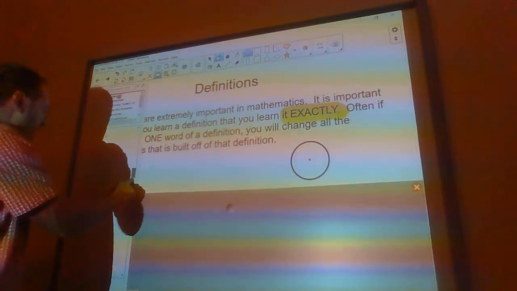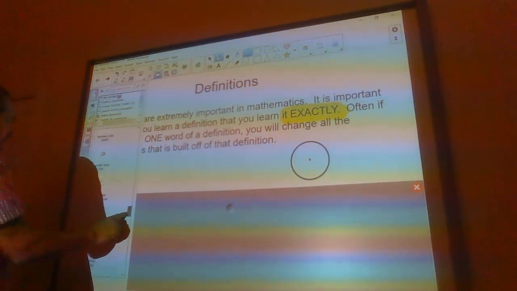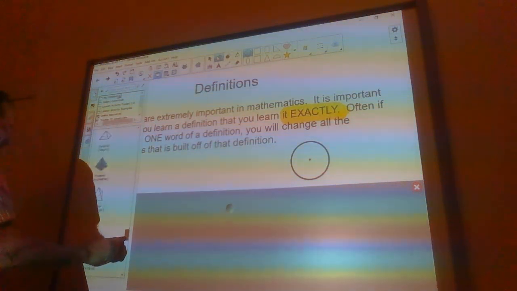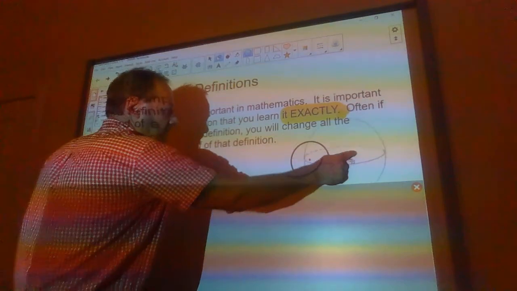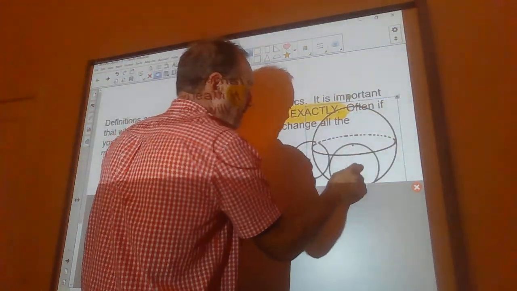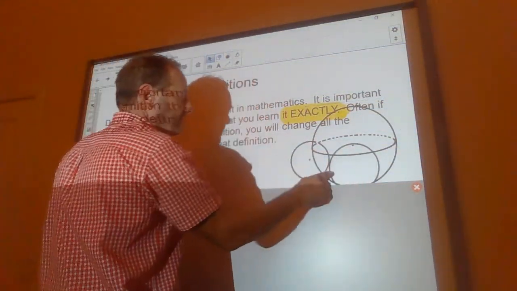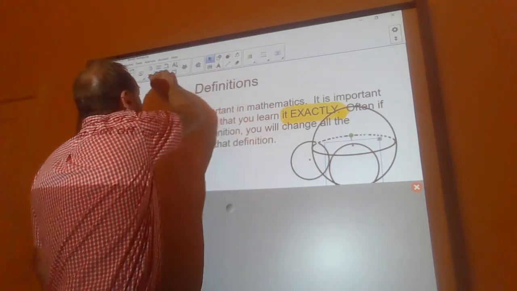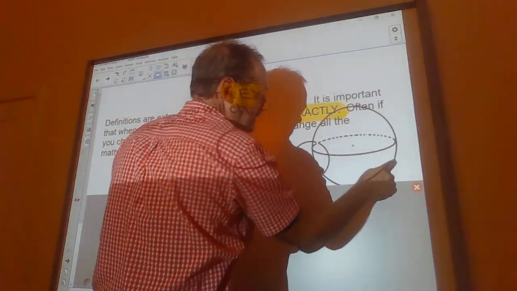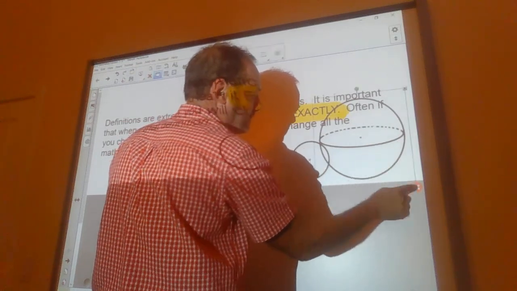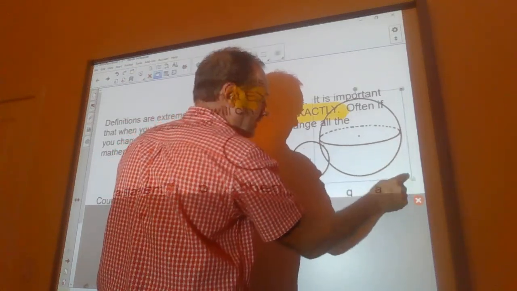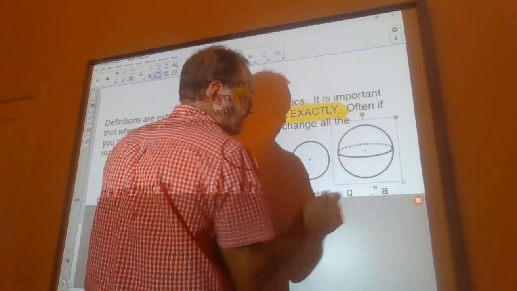I now have a sphere. Here's a sphere. That's the set of all points in space that are equidistant from a center point. So there's a difference between the two.